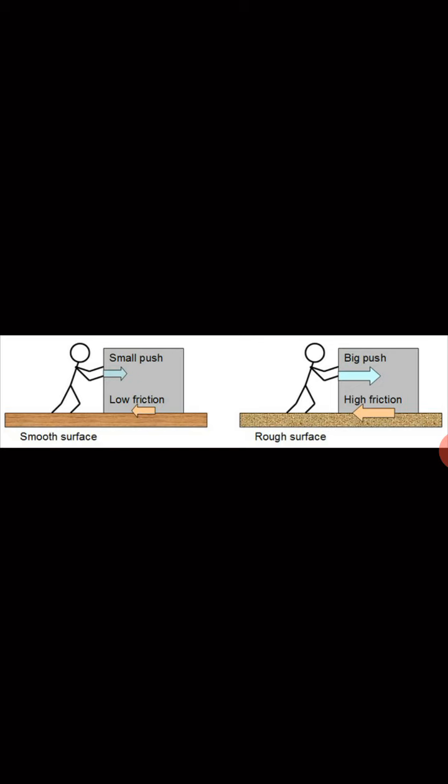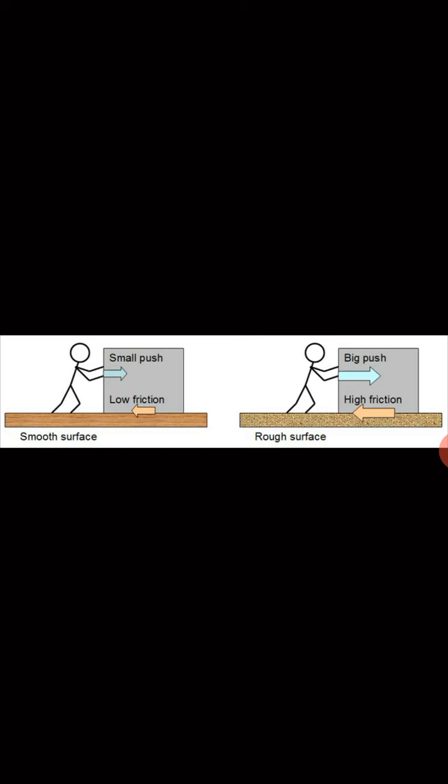Now you can see in these two images, let's see the left one first, on the smooth surface. The person is pushing the object towards the right, shown with the blue arrow. So the motion is towards the right, and friction will always act in the opposite direction. So friction will be towards the left.